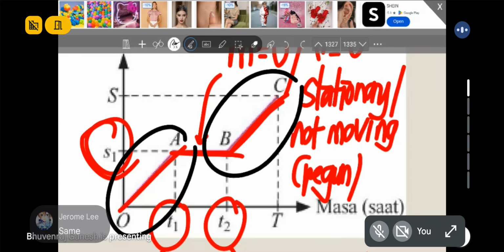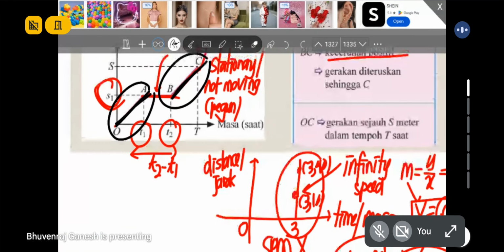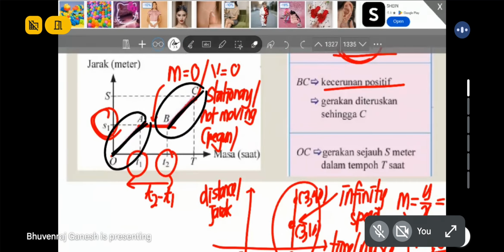Same, right? So the speed here and the speed here is the same, 100% the same. That is the concept: it moves, then stops, then moves. Can, guys?